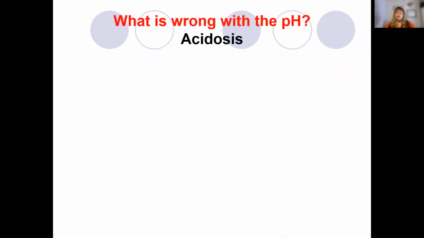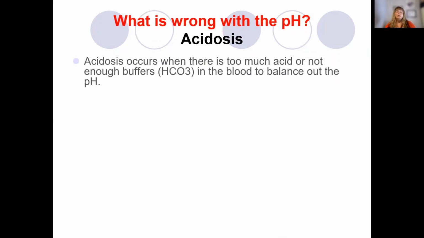So first, we'll talk about what is wrong with the pH. If it's acidotic, if it's less than 7.40. Acidosis occurs when there's too much acid in the blood or not enough buffers, which is the bicarbonate in the blood, to balance out that pH.